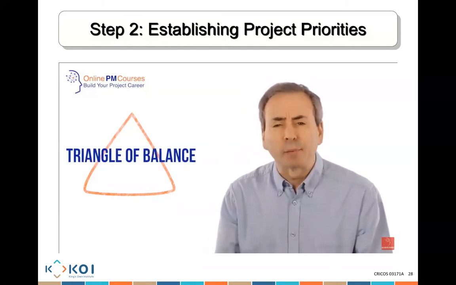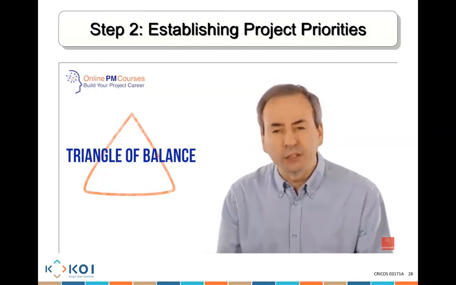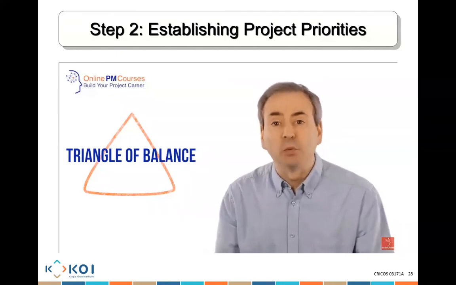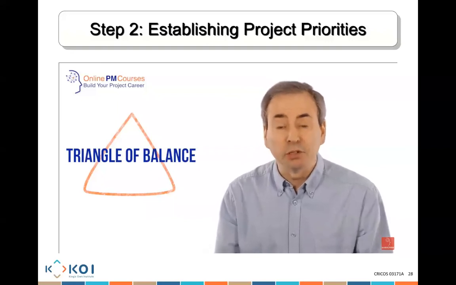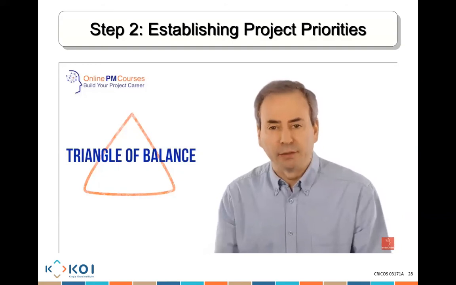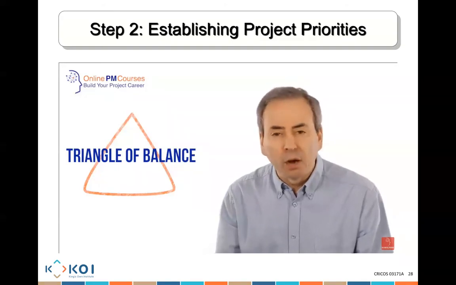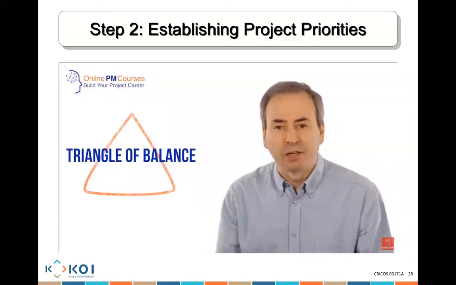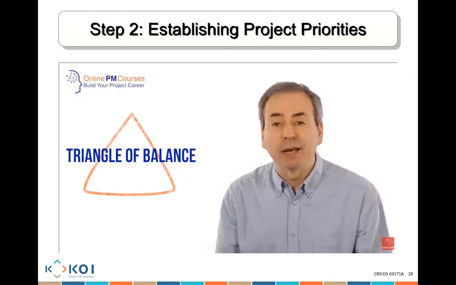Now, what happens if you want to change one of those corners? Maybe you want to deliver your project sooner, or perhaps you want to save some money and reduce the resources you use, or increase the specification of the quality standards. Well, you can't, because the iron triangle is rigid. You've created a balance in your plan.